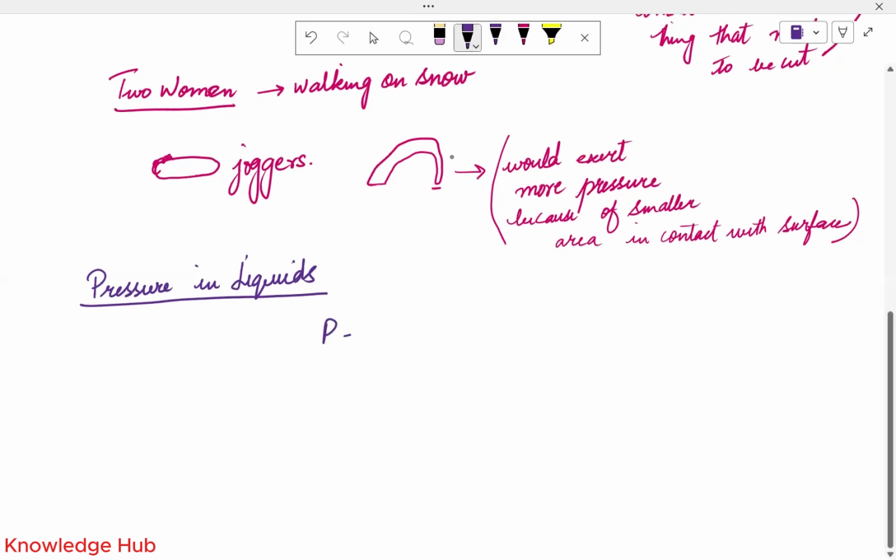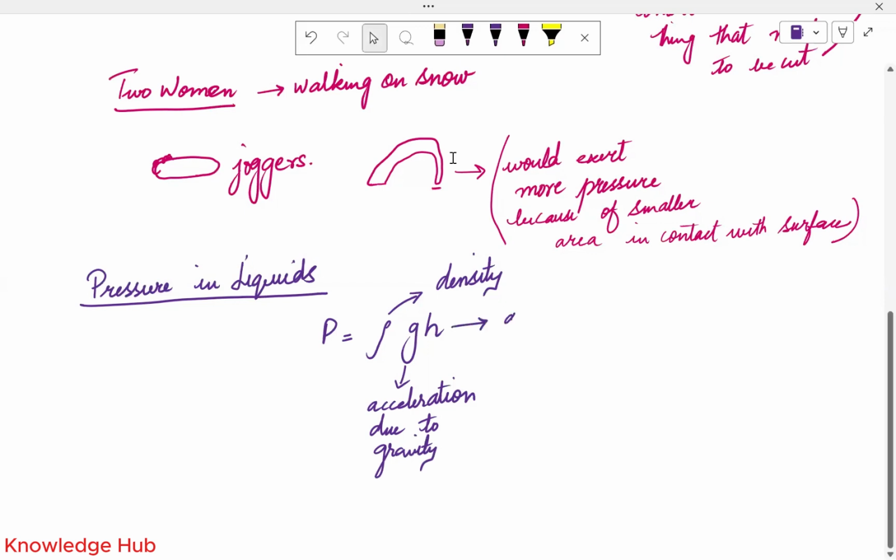The formula is rho g h, where rho is the density of the liquid, g is acceleration due to gravity, and h is the depth of the liquid.